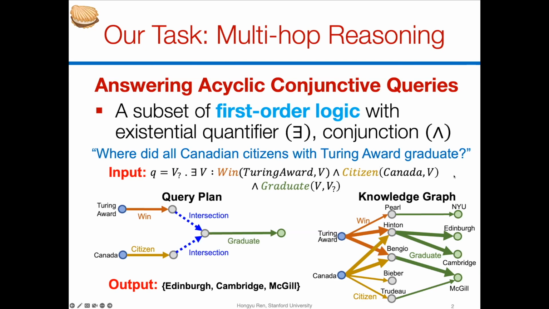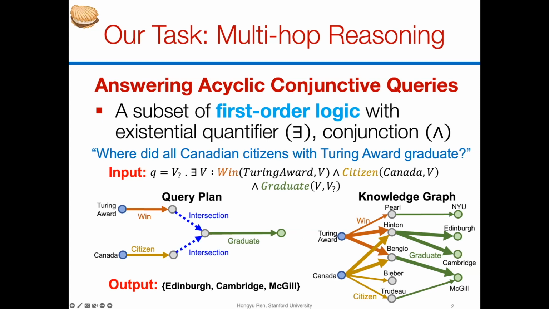We can first convert this natural language question to a logical formula as shown below. And we can also represent this query with a graph. It is easy to see that such queries have a tree-structured query plan or query graph, where the leaves represent the topic entities mentioned in the query, and this unique root node represents the answer.